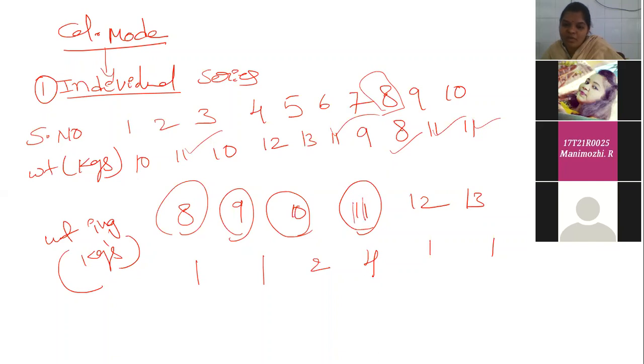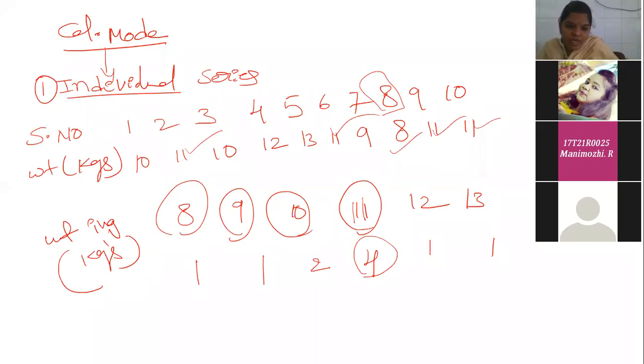How many times was it repeated? Four times. Likewise, you divide your data by taking each individual number and write down how many times it repeats. Take down those weights or observations in the first column.